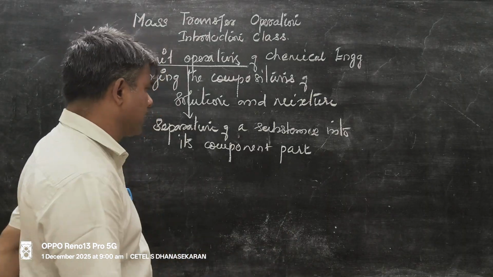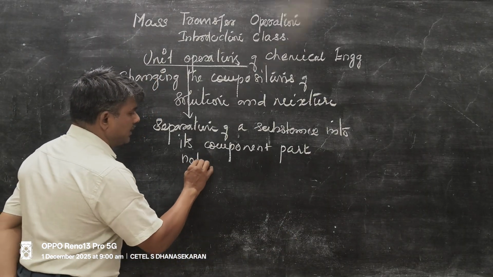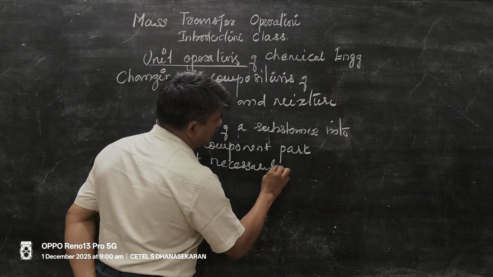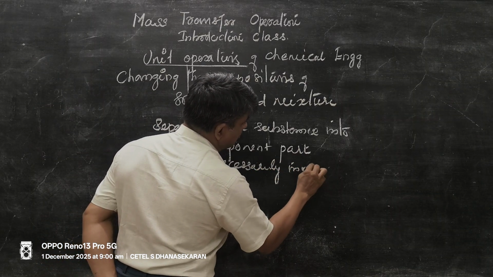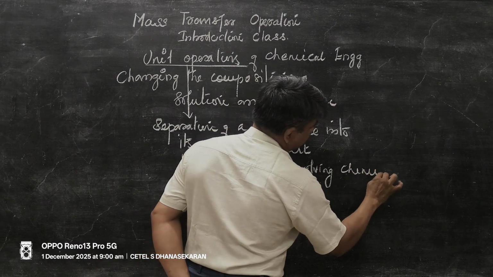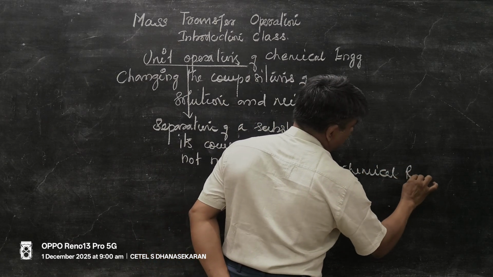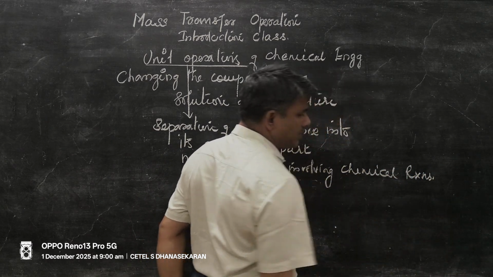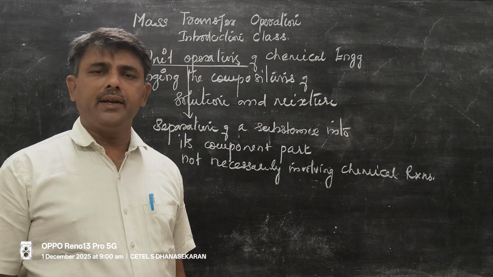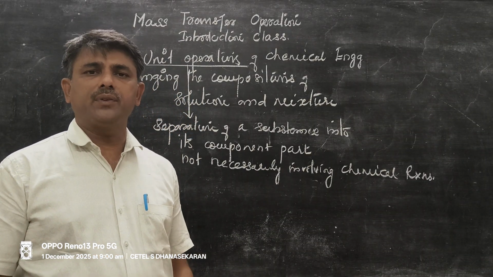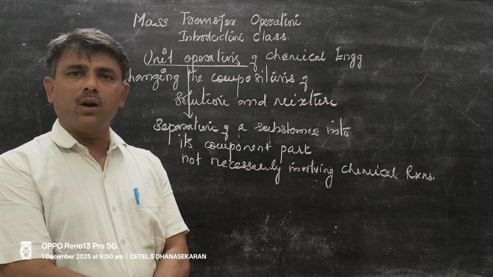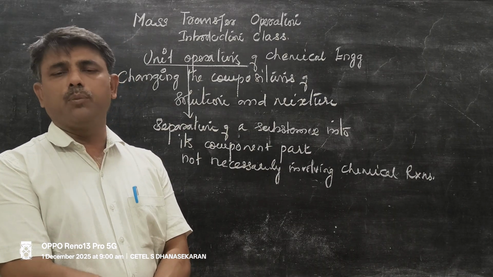This is the main important point. Where the unit operations of chemical engineering are mainly directed towards separation of a substance into its component parts, not necessarily involving chemical reactions. Important point.